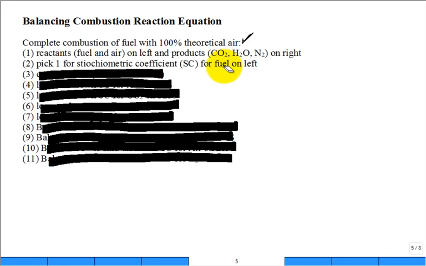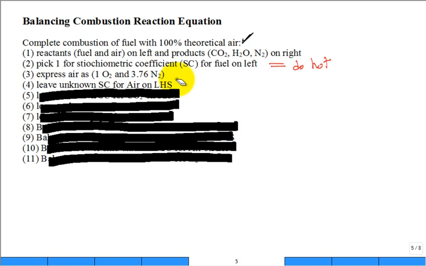Pick 1 for the stoichiometric coefficient in front of the fuel and leave it alone. Don't change it. No matter what the temptation, do not change. Put the air like that: the 1 times the oxygen plus 3.76 times the nitrogen. You don't have to, but it's a lot easier.